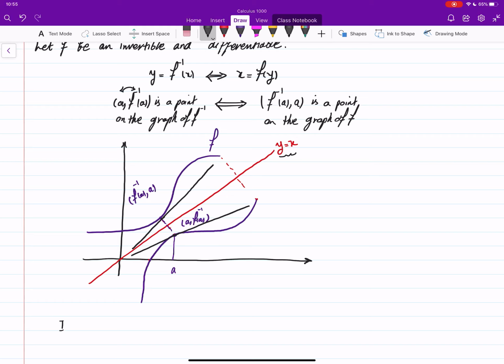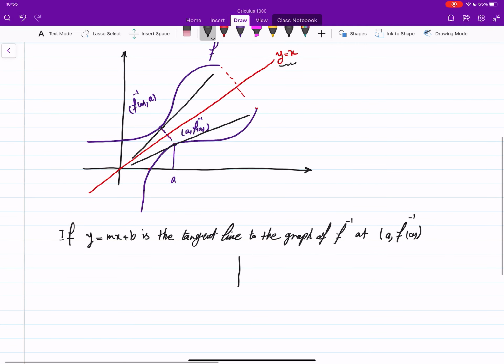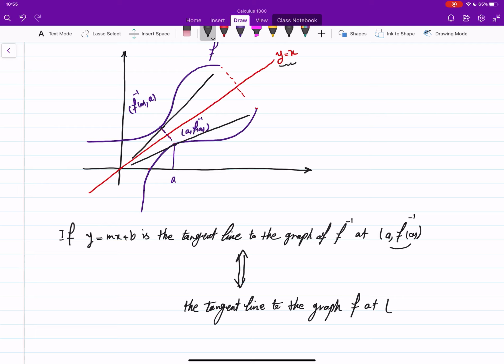So if y equals mx plus b is the tangent line to the graph of f inverse at the point (a, f inverse of a), then just based on what we saw, we can get the tangent line to the graph of f itself at the point where you change these two, (f inverse of a, a).